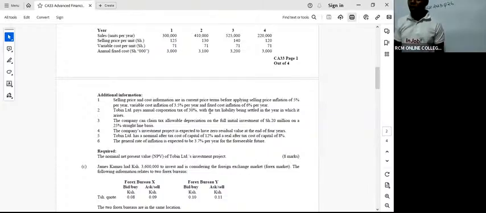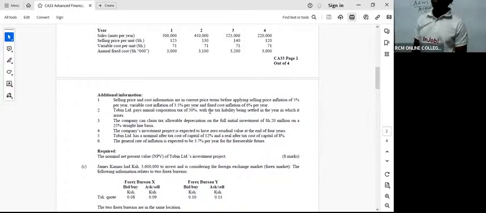Number 2, Tobin Limited pays annual corporation tax of 30%, with the tax liability being settled in the year in which it arises. Number 3, the company can claim tax allowable depreciation on the full initial investment of 20 million on a 25% straight line basis. So depreciation there is on straight line.